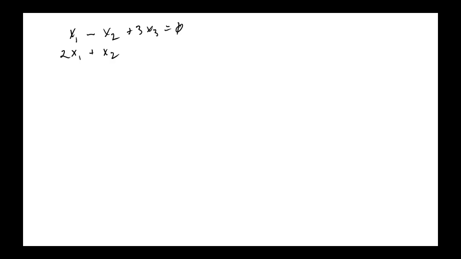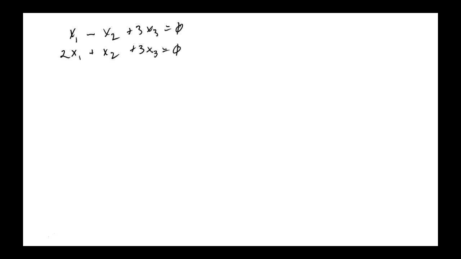Okay, we're on example 9, page 21, section 1.2. Plus 3x sub 3, and this is equal to 0. What we're looking at now are systems of linear equations that are homogeneous systems, meaning all the constants on the right-hand side are zeros.